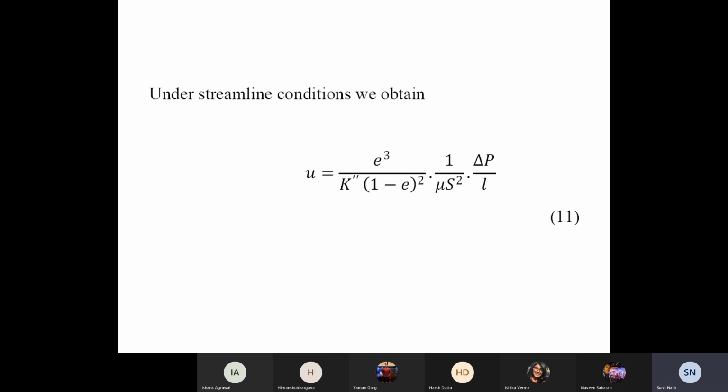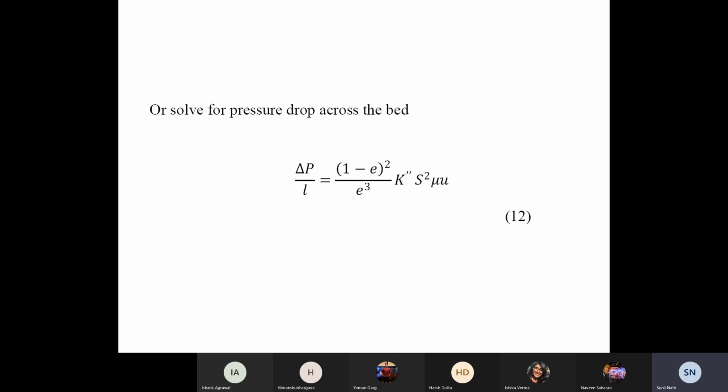So now if you want to solve for the pressure drop, then you can solve for it using equation 11. And what do you find? You obtain, because we want a correlation for delta P, delta P per unit length, delta P by L, is 1 minus E whole squared upon E cubed into some constant, which is actually K double prime, which is a true constant for streamline low Reynolds number condition below Reynolds number 1.